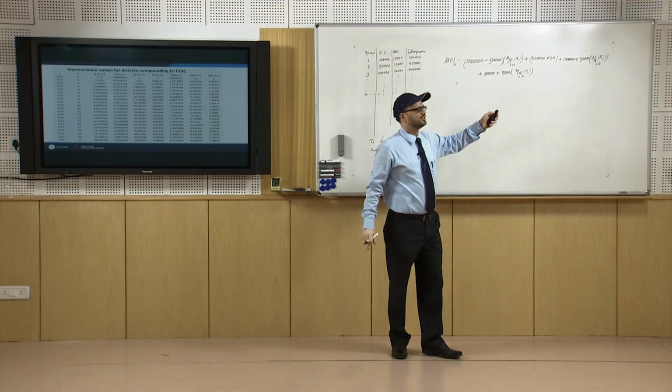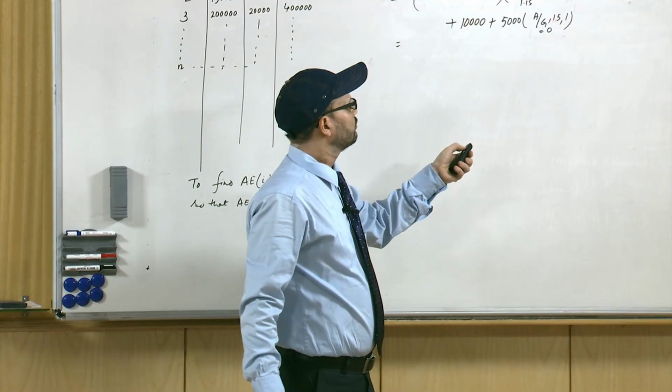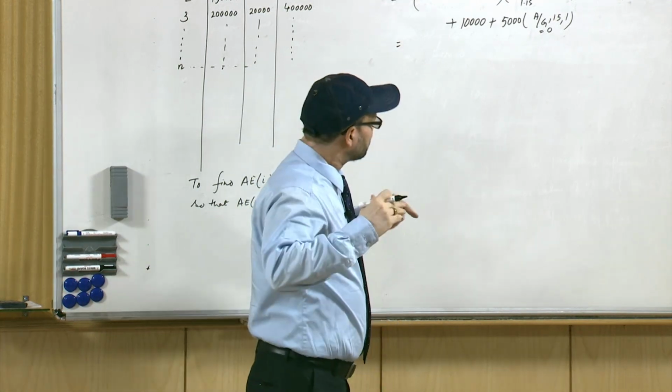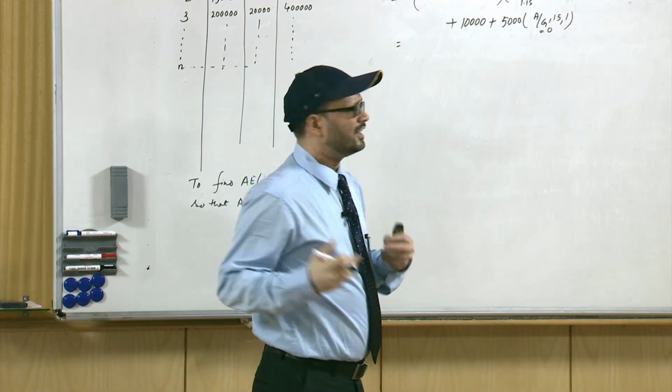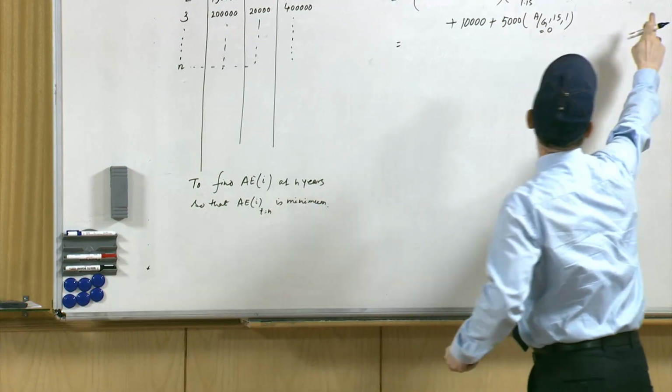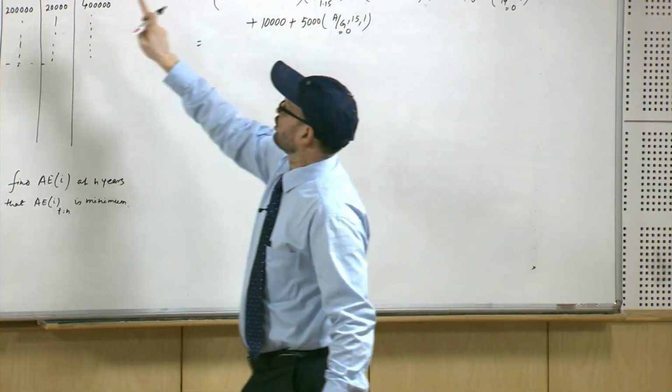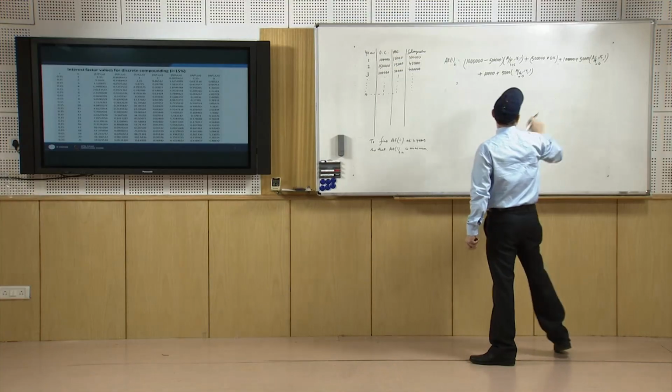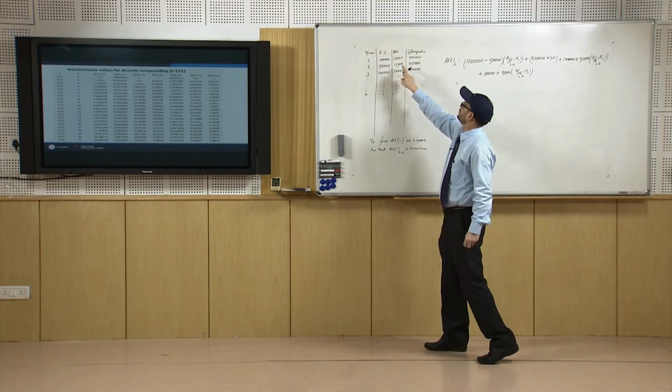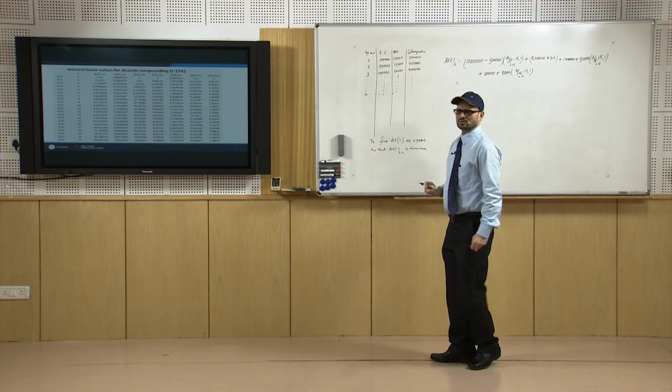It is very clear that in the first year you are only using 1 lakh as your operating cost and 10,000 as your maintenance cost.